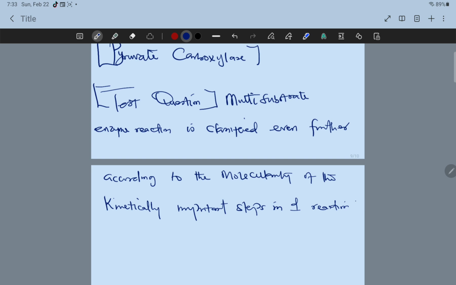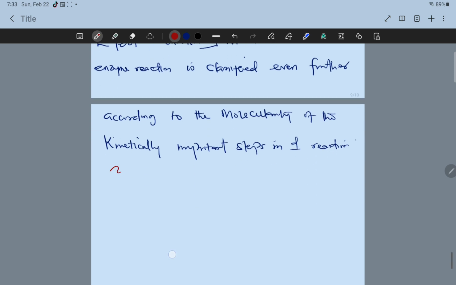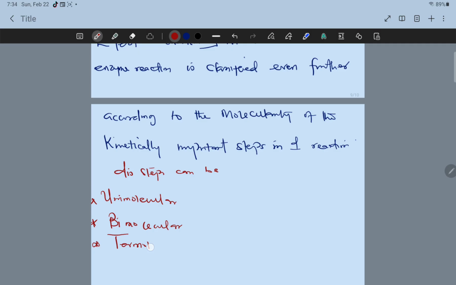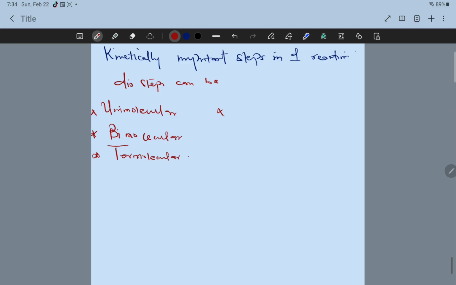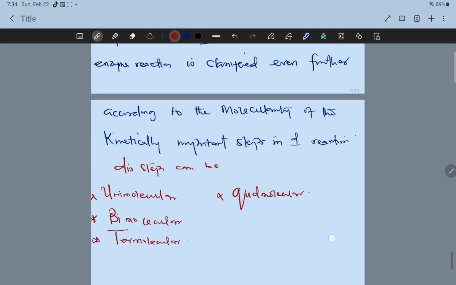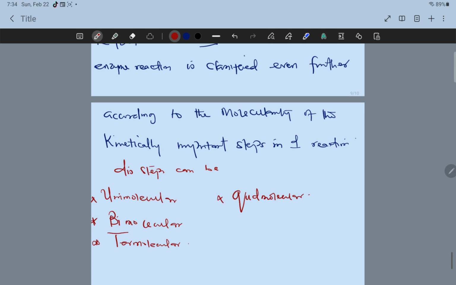These steps can be unimolecular, can be bimolecular, it can also be termolecular. Sometimes it can be quad molecular. It depends on the molecularity. Is that okay?